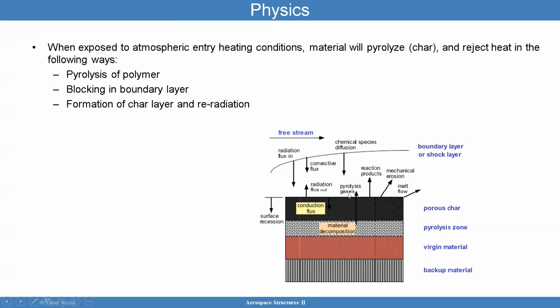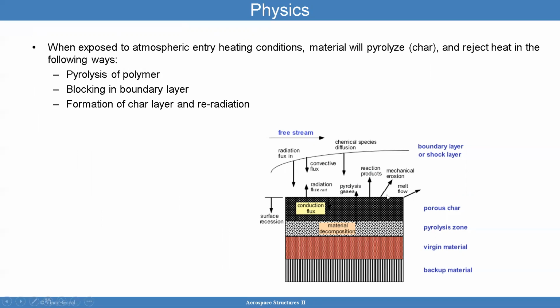You're going to lose some material potentially, and you're going to reject heat by pyrolysis, blocking in the boundary layer, formation of the char layer, and re-radiation. So what you see here is that the black surface has been eliminated, has basically ablated away.